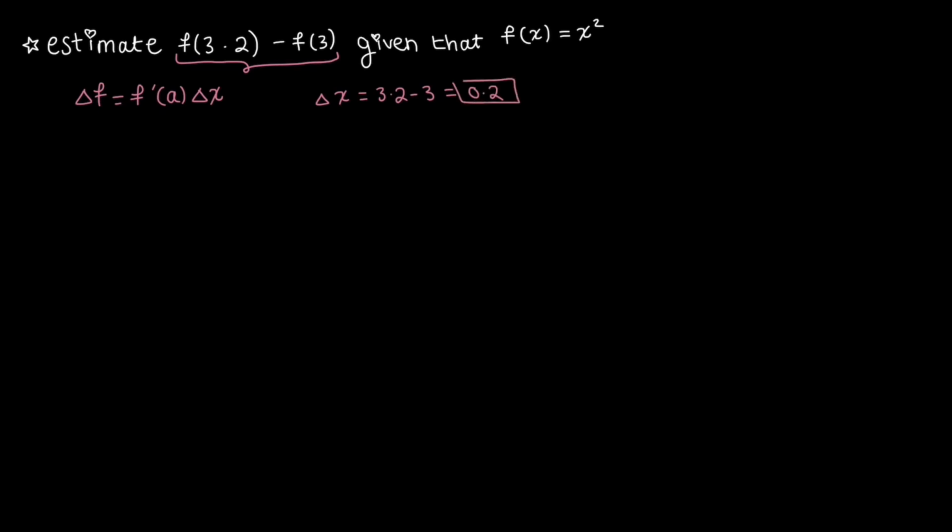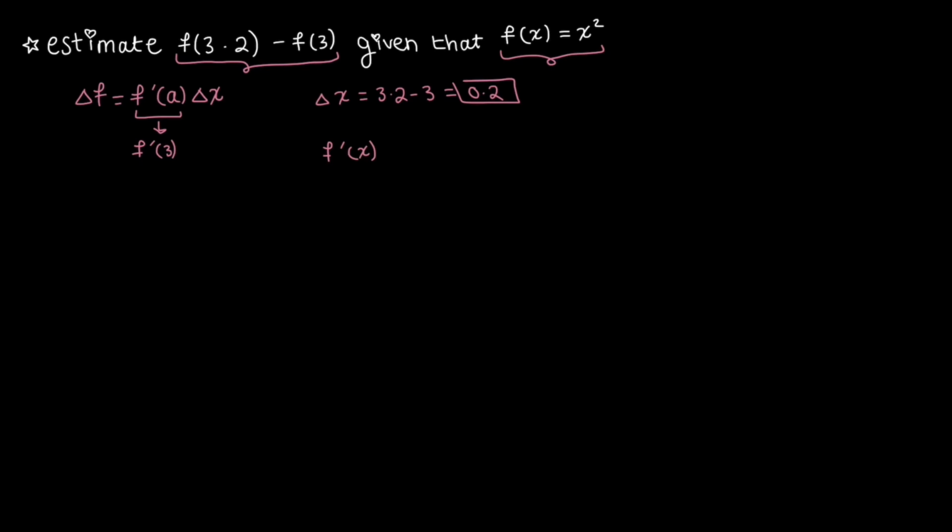Now, our f prime of a in this case is going to be f prime of 3, which we are not given, but we can derive from the function given to us, which is f of x is equal to x squared. So, if f of x is equal to x squared, we can take the derivative because this is a fairly easy function.